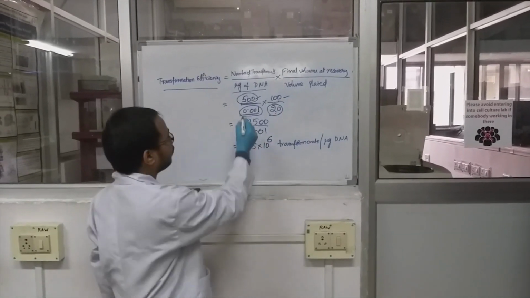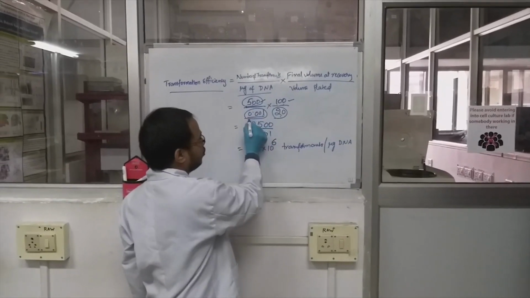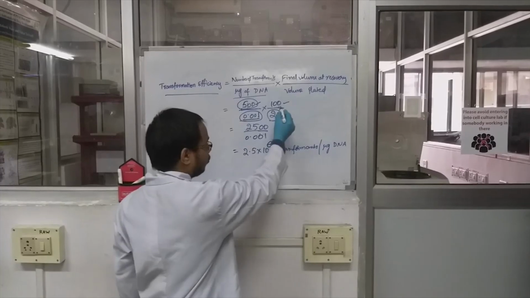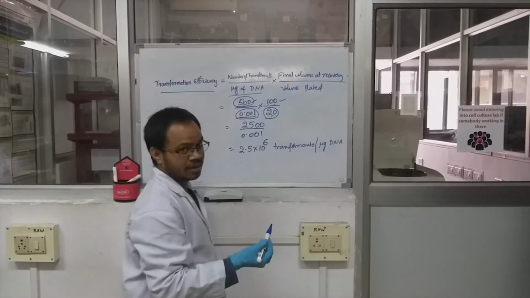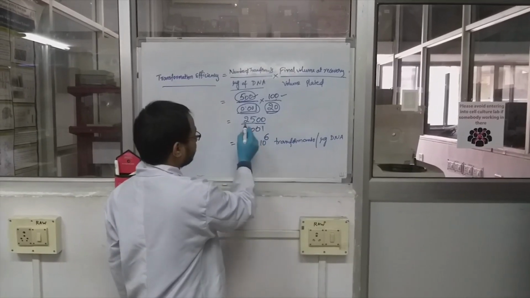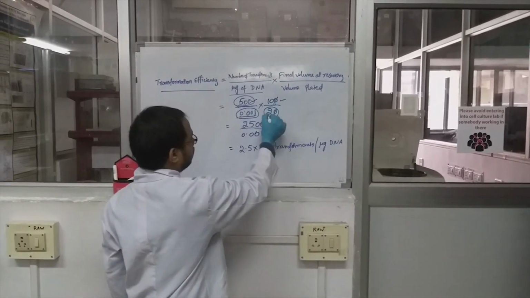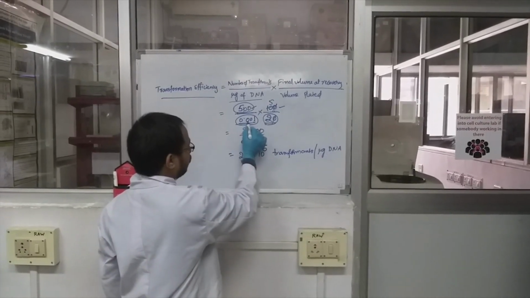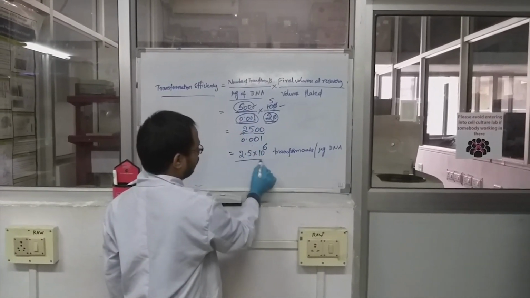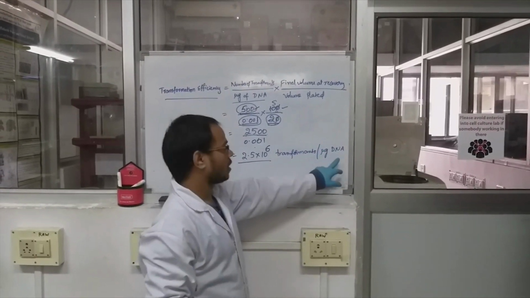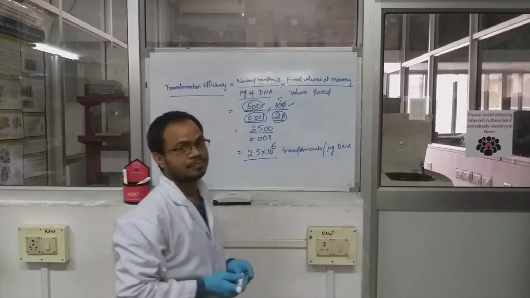Suppose you got 500 colonies on that plate, you used 0.001 microgram of DNA, 100 microliter is the total recovery, but you plated only 20 microliter. So that means you have 2500 divided by 0.001. That will give 2.5 times 10 to the power 6 transformants per microgram of DNA.